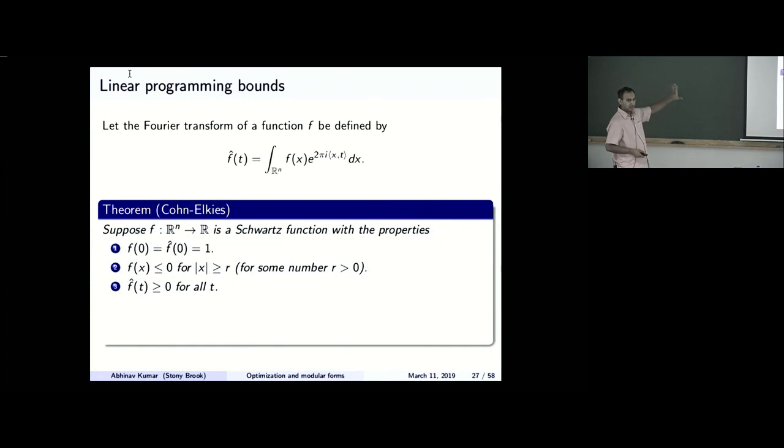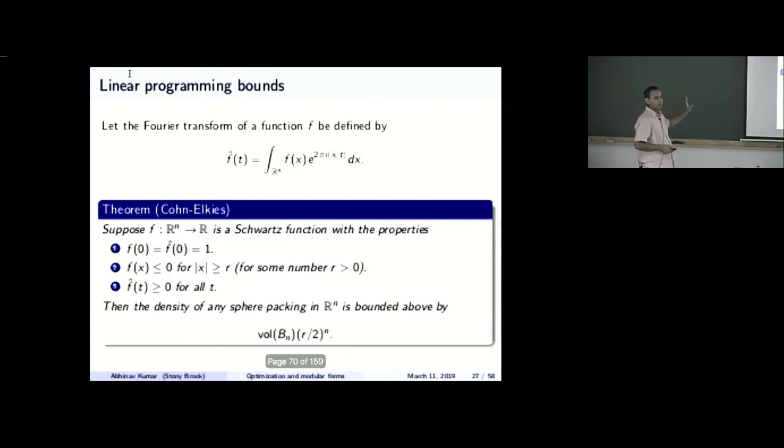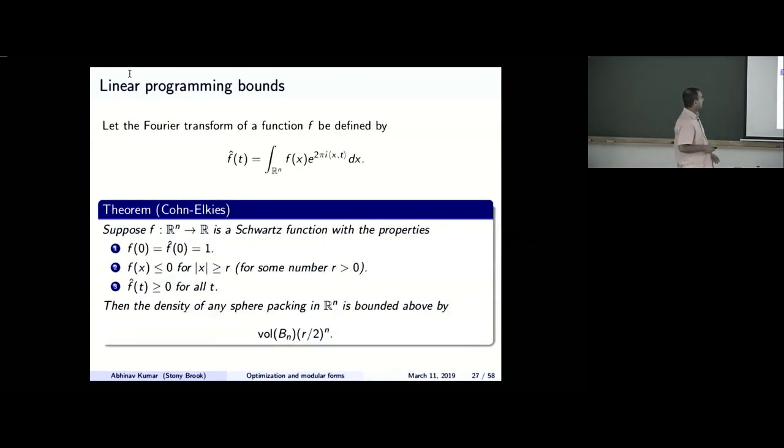Then you get a bound: given such a function, the density of any sphere packing in dimension n is bounded above by the volume of the n-ball of radius r. That's the bound that you get, so the r comes in from this.